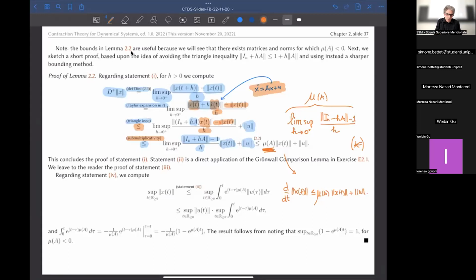But by the way, the proof of the final bound, the proof that the sup of x is upper bounded by sup of u times 1 over mu of A with a minus sign, is simple. You just bring the inputs out of the integral and then you integrate. Earlier we had summed the geometric series. Here you are integrating an exponentially decaying signal. It's very simple. It's one line.